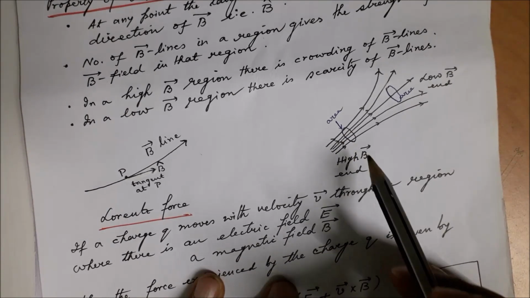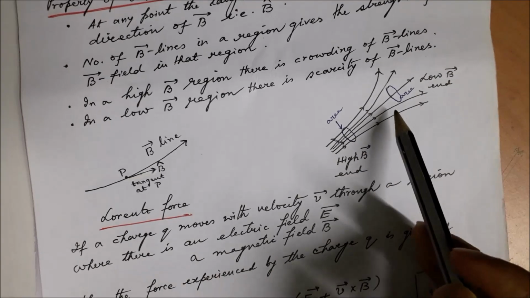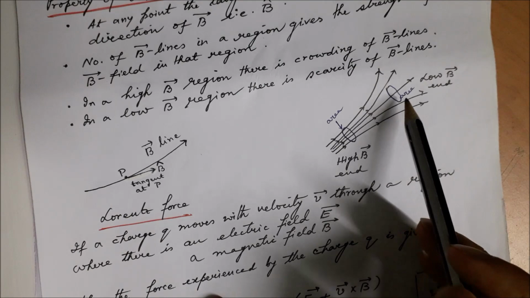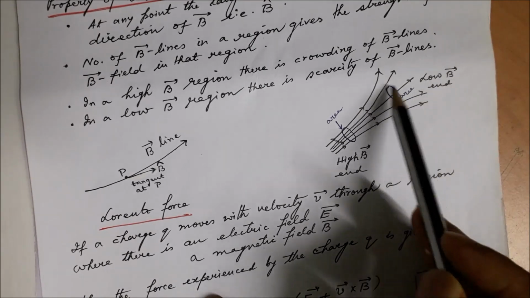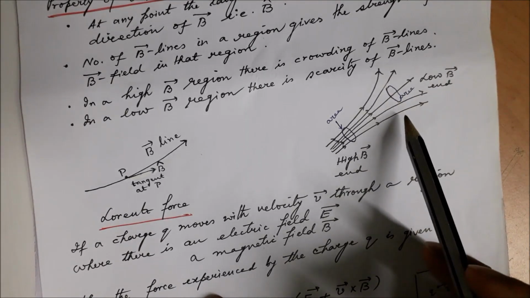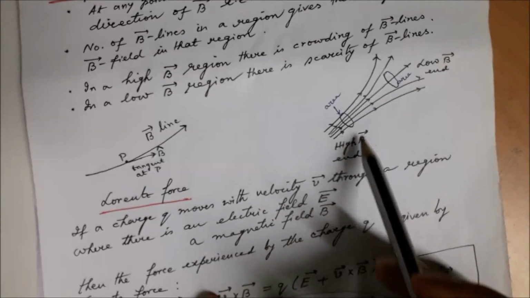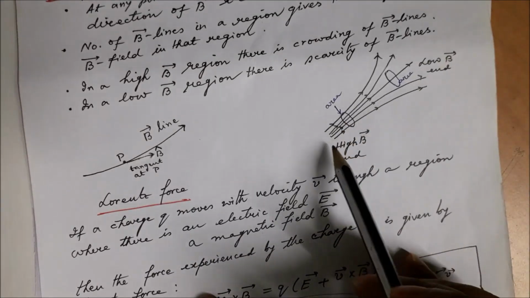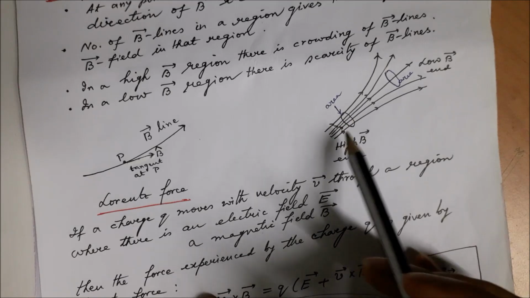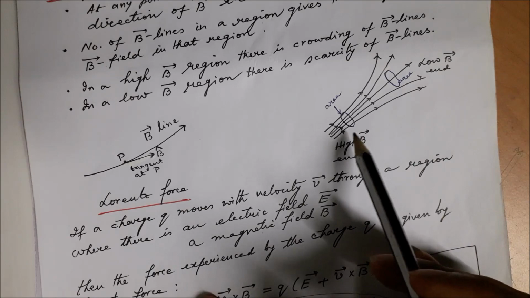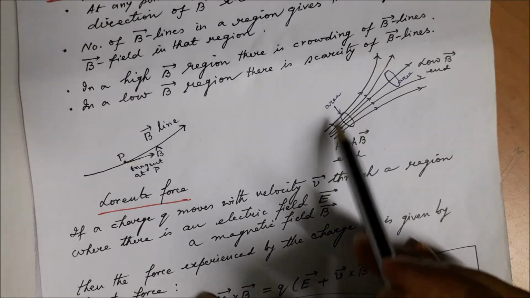The value of B is large, while the value of B is small here. Here, it is a low B case because of scarcity of lines. B lines are sparse here, while there is crowding of lines here. Too many lines in this region indicates that the value of magnetic induction is large at this region.